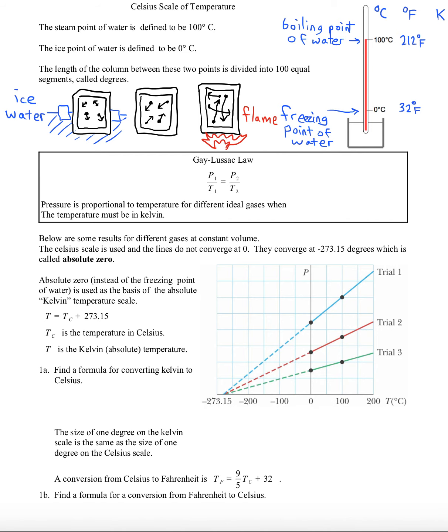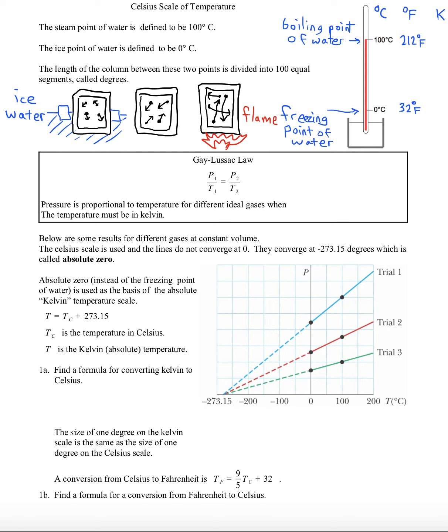So in that case, we would have less collisions with the container walls and less force when they do collide. What that tells us is that the pressure is changing. And there's a graph below showing how the pressure changes with temperature for 3 different gases.